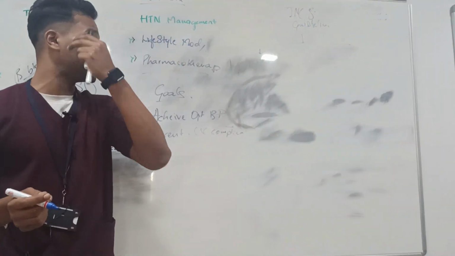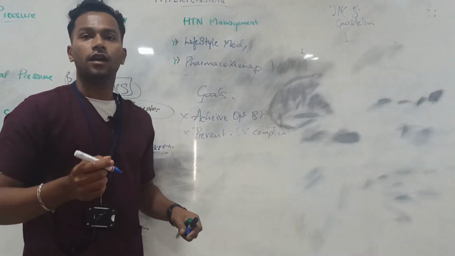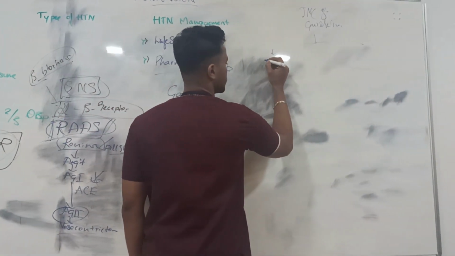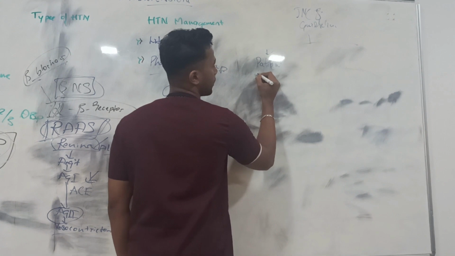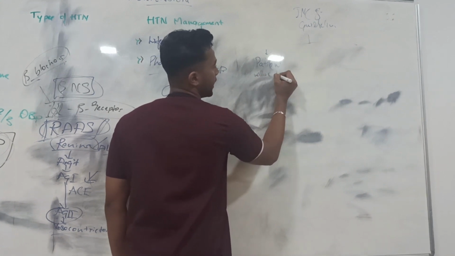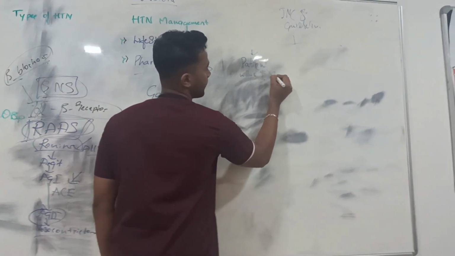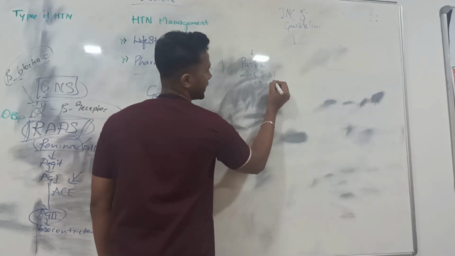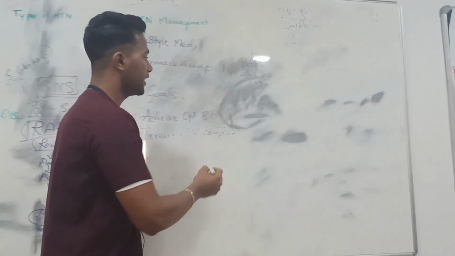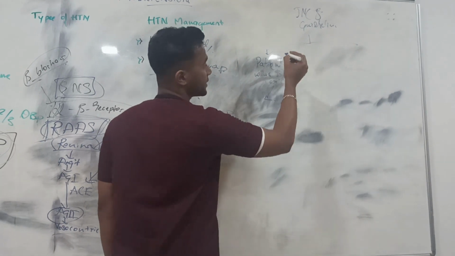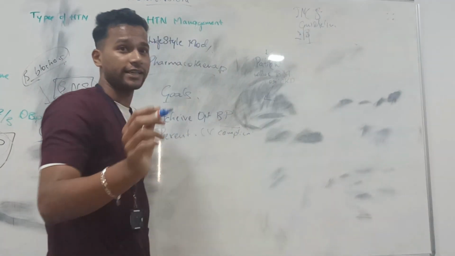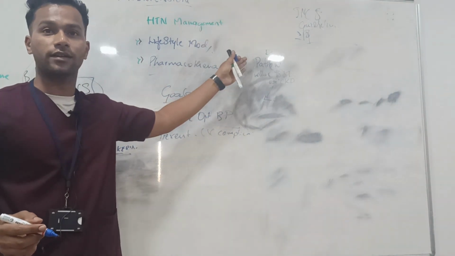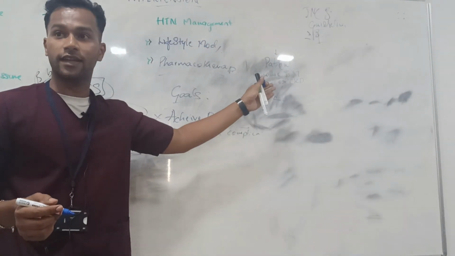Achieving BP. In the JNC guidelines, regarding patients without diabetes mellitus, DM, or CKD, this guideline is for patients whose age is greater than 18.